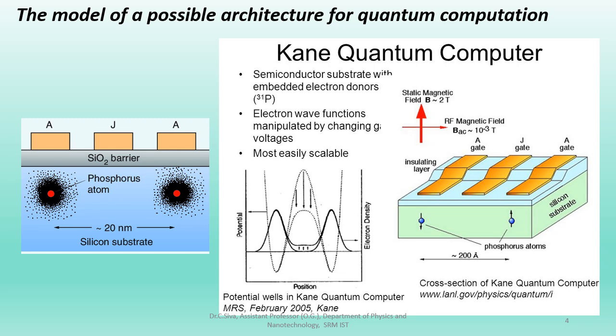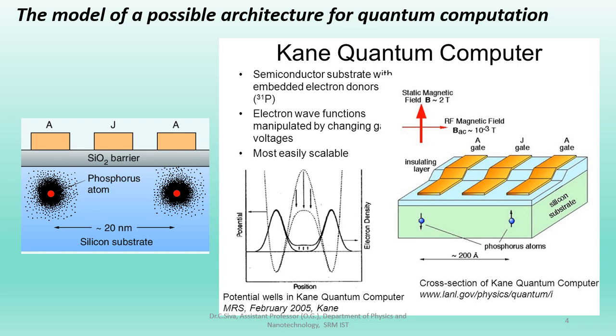Using nuclear spins as qubits provides extremely long decoherence times, on the order of 10^18 seconds at millikelvin temperature. Again, the decoherence time is 10^18 seconds here, which is crucial for reliable quantum computation.